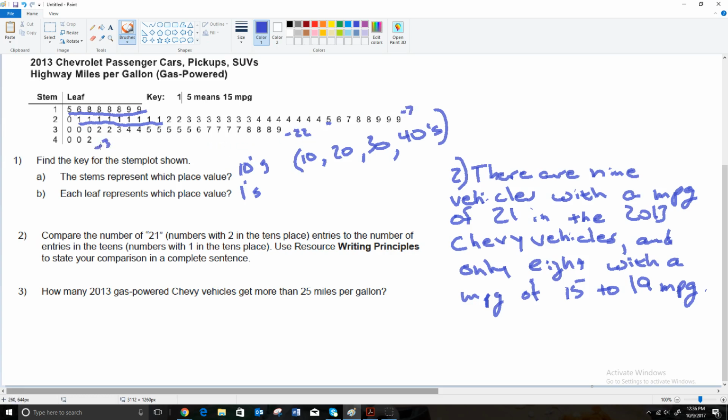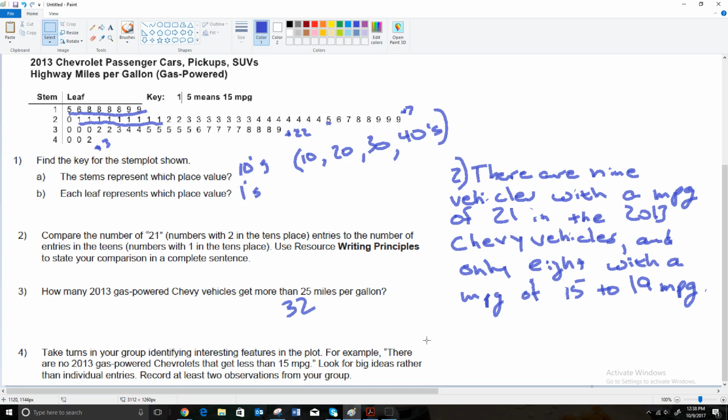And then there's 3. So there's 7, 22, and 3. So that makes a total of 32. Hopefully I counted right. If I miscounted, hopefully you understand what I'm saying anyway. That there are 32 gas-powered Chevy vehicles that get more than 25 miles per gallon. And that's everywhere from 26 up to 42.